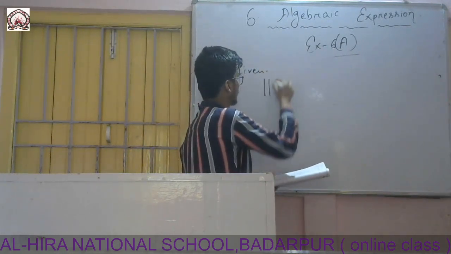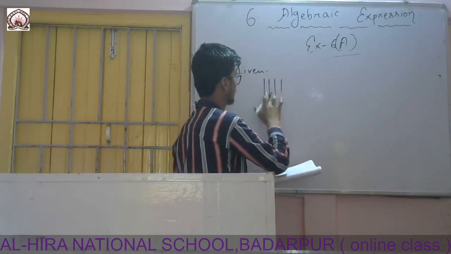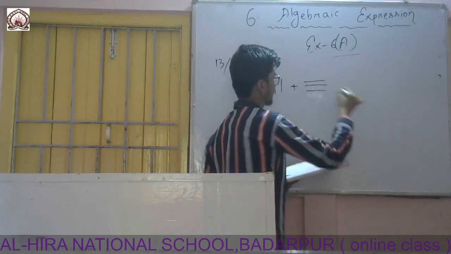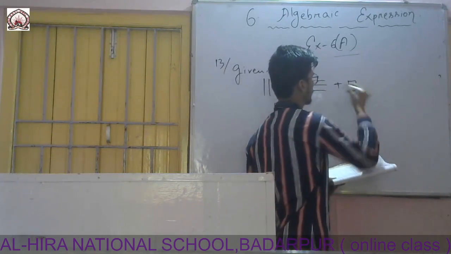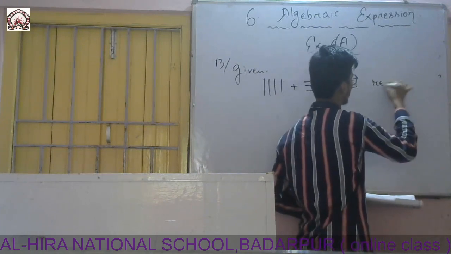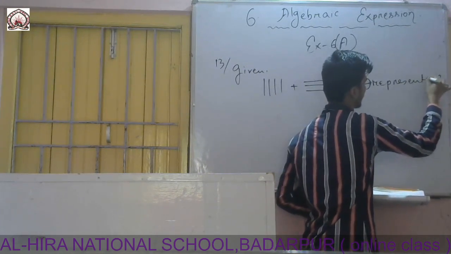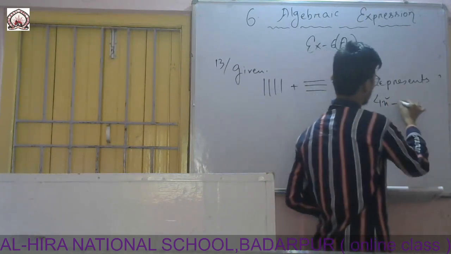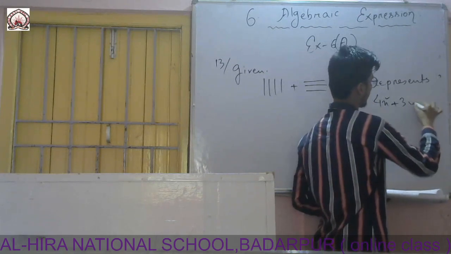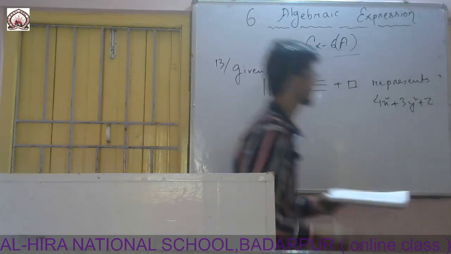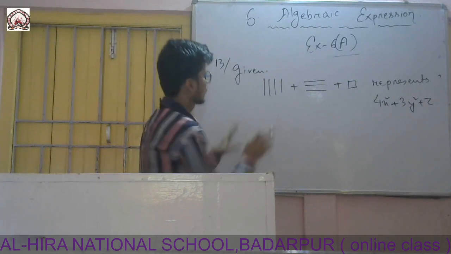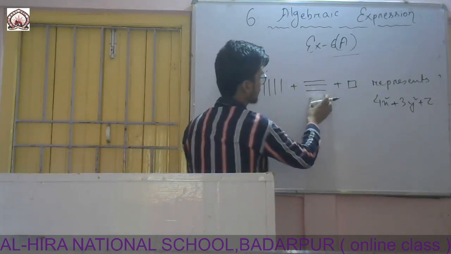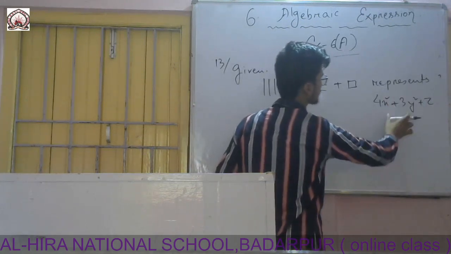First of all, 4 vertical lines plus 3 horizontal lines plus 1 box is given, which represents the expression 4x square plus 3y square plus z. So there are 4 vertical lines, then plus 3 horizontal lines plus 1 box represents this expression.